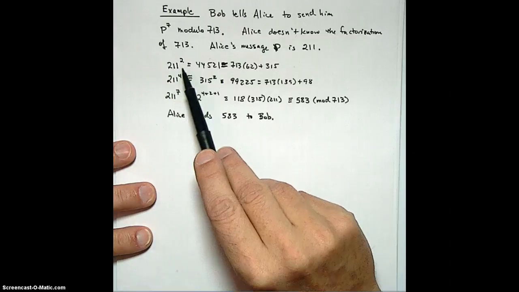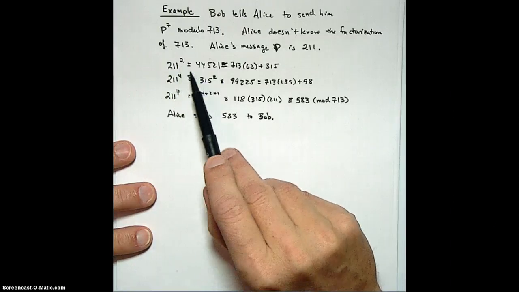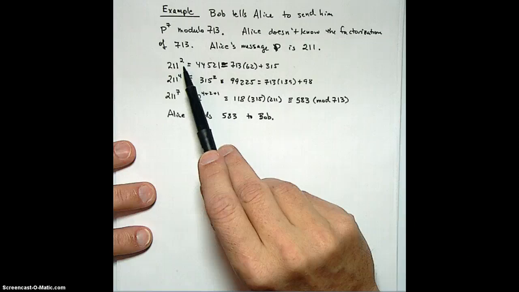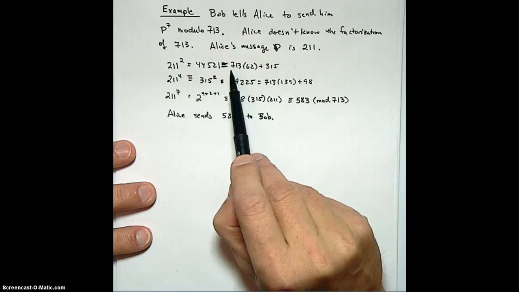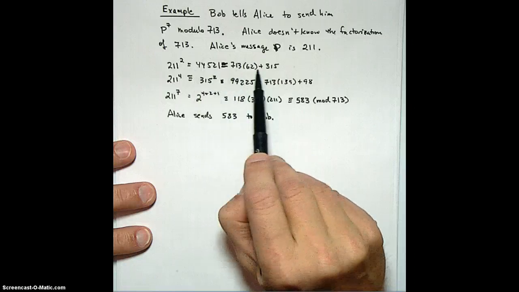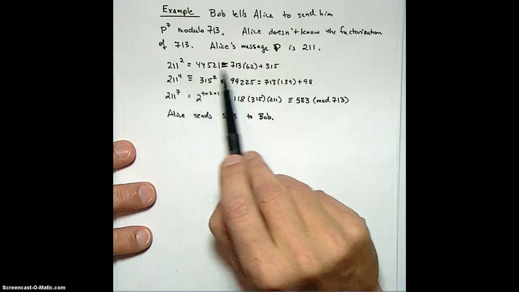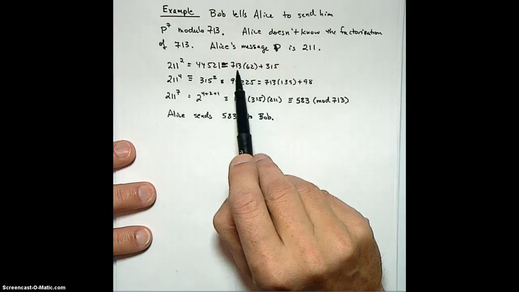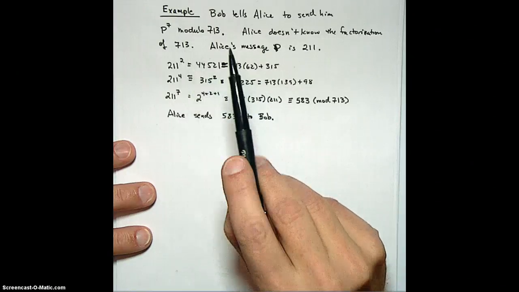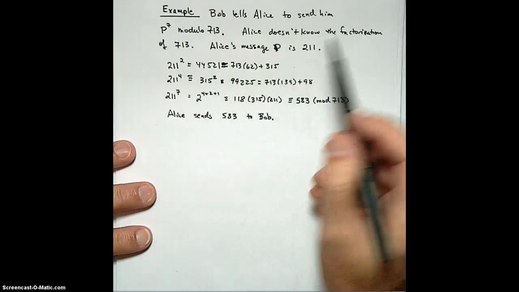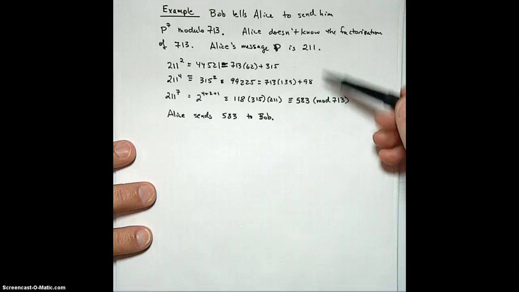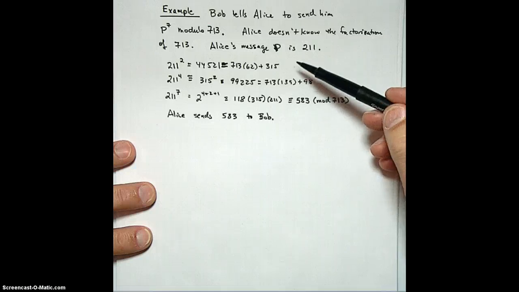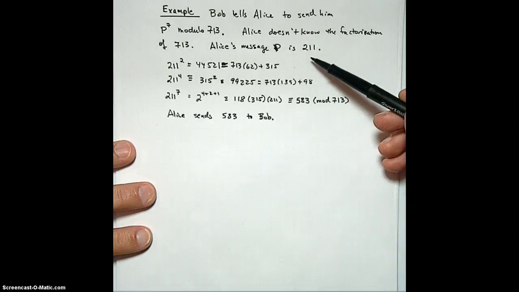Each of these squarings has to be reduced modulo 713, and the amount of work that each one of these divisions takes is proportional to the log of this number n here. Since the number of operations is a constant multiple of the logs of the numbers involved, it doesn't take that long.